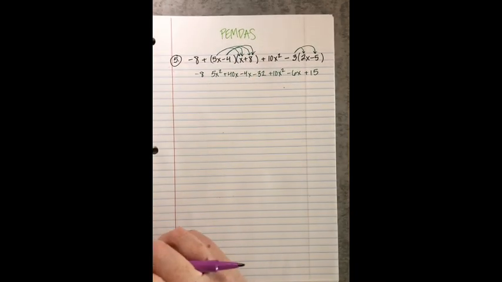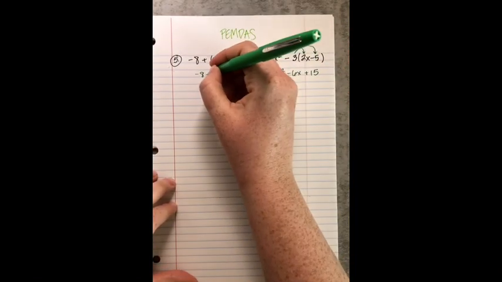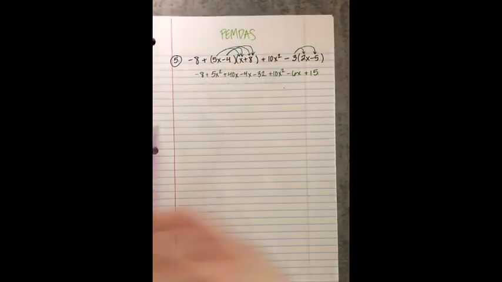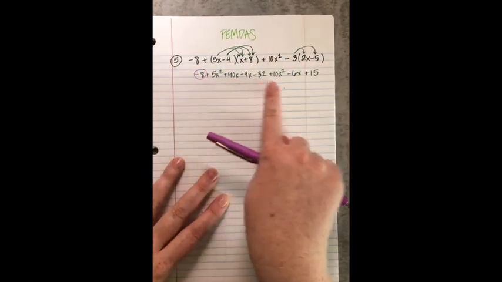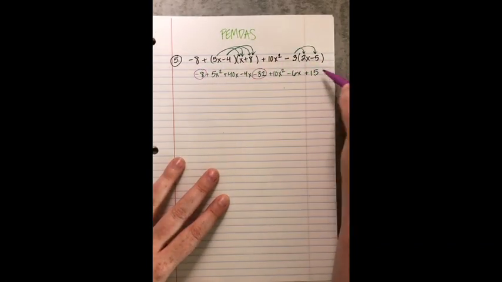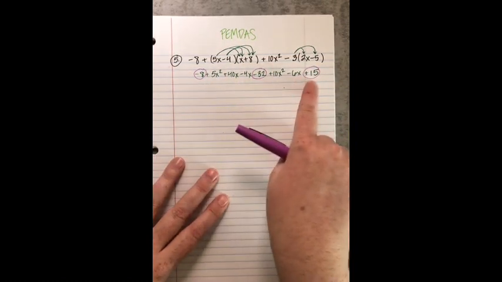So we are going to combine like terms. I'm missing something right here. This was a positive 5x squared. Okay, negative 8. Does it have friends? Yes, it does. Okay, so these three things can be grouped up.